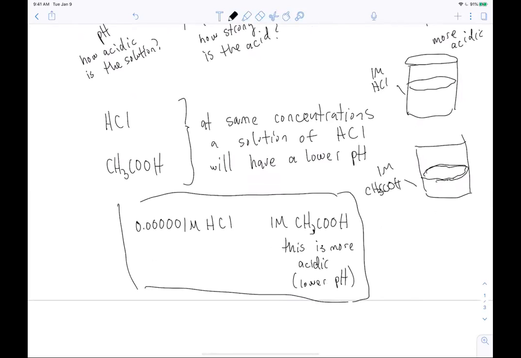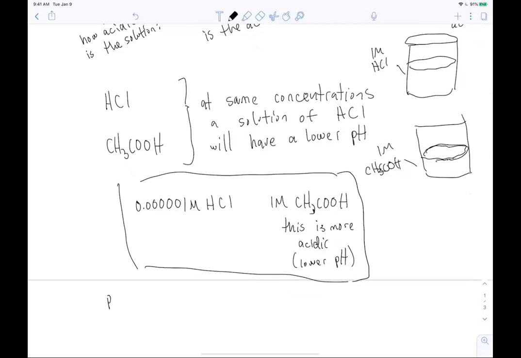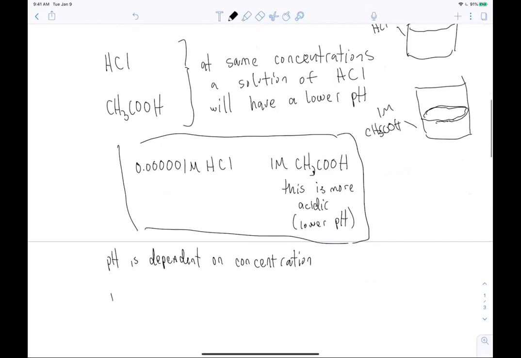So when you're talking about pH, it's dependent on the concentration of the acid or base. Maybe that's a good way to say it. pH is dependent on the concentration, whereas pKa is an inherent property of the acid.